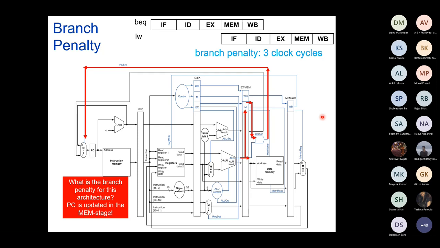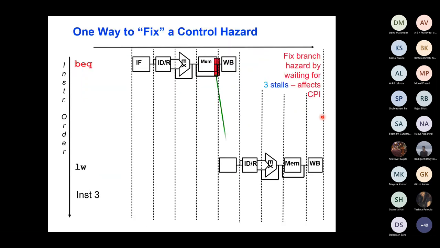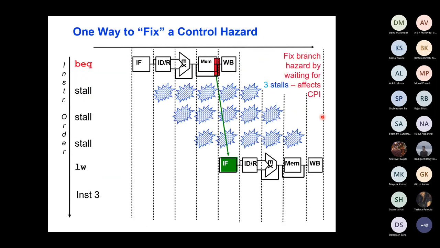After that the branch outcome would be known, and the next instruction can be correctly fetched. Any hazard can be fixed, because hazard means you are waiting for something, so hazards can be fixed by putting stalls. But for branches, the penalty is very high.